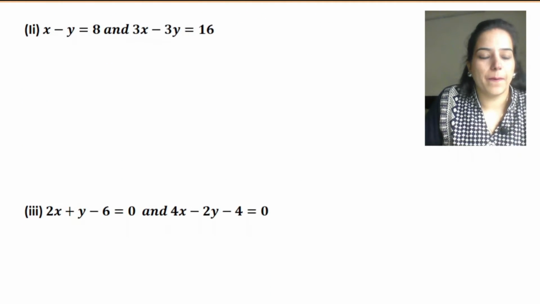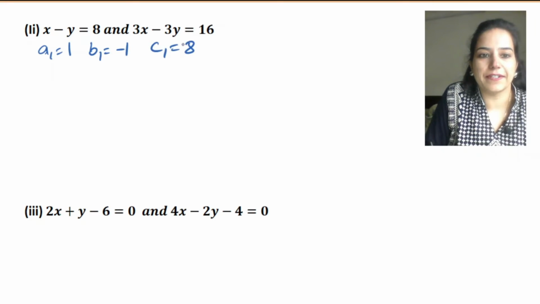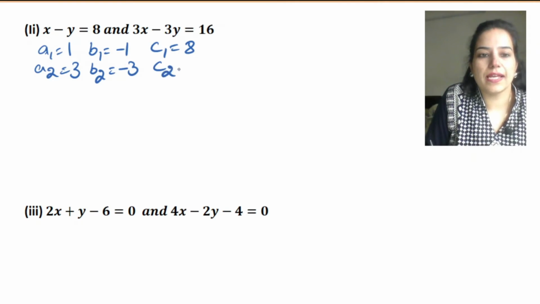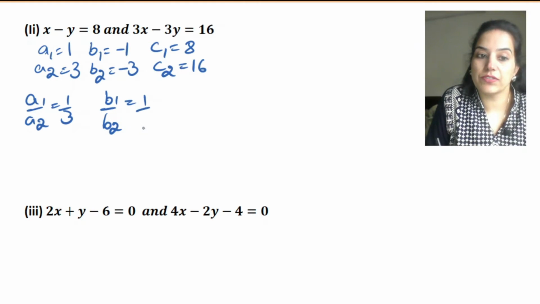Okay, second part now. Now A1 is 1, B1 is -1, C1 is 8. A2 is 3, B2 is -3 and C2 is 16. So A1 by A2 is 1 by 3. B1 by B2 is again 1 by 3.